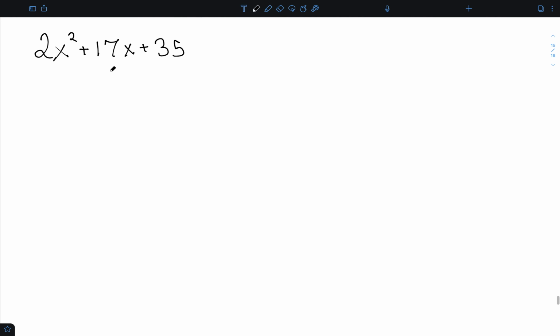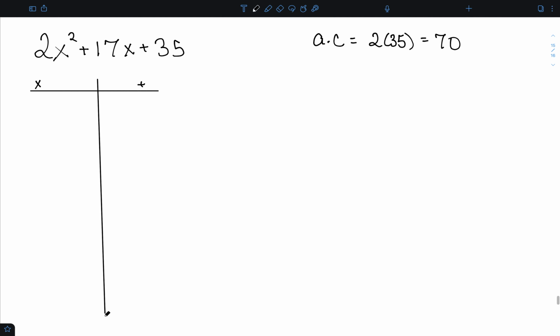Let's look at 2x squared plus 17x plus 35. So in this case, a times c would be 2 times 35, which is 70. So now I need to find numbers that multiply to be 70 and add to be 17.